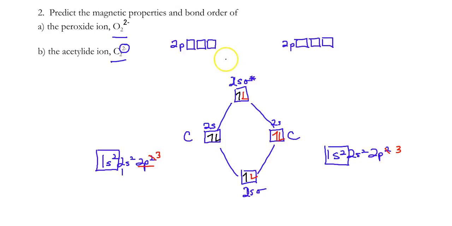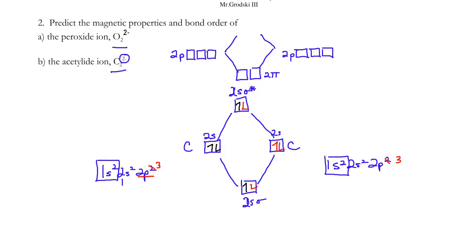Now what's going to happen is that we're going to make 2 boxes down here. And these are called 2 pi. And we're going to have its anti-bonding orbitals.